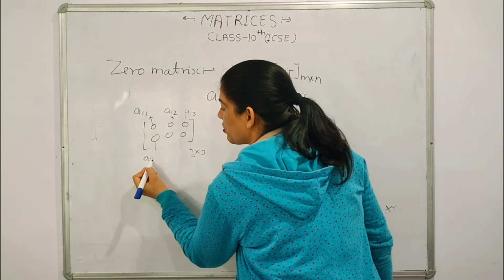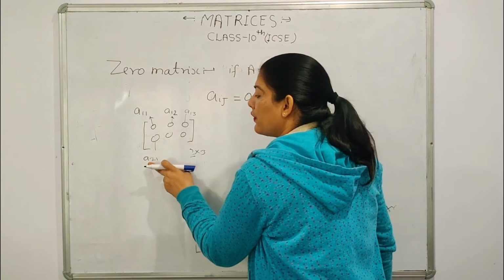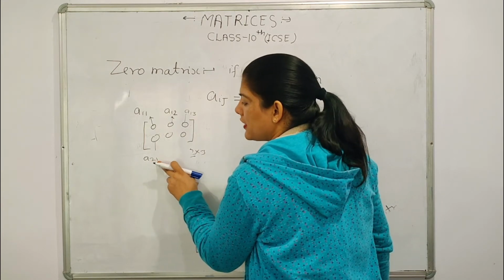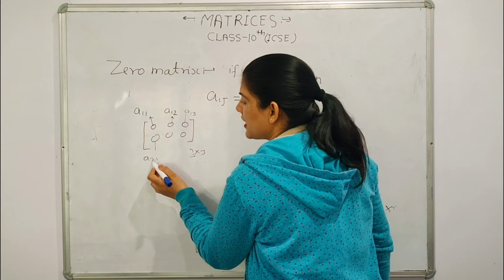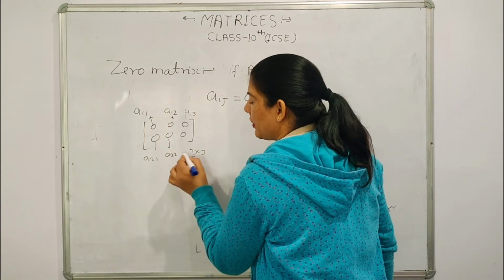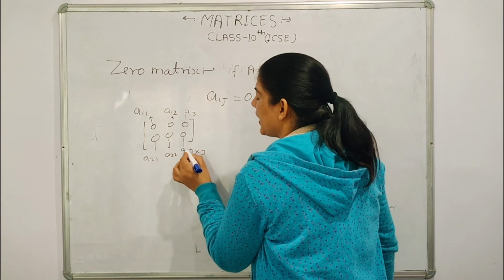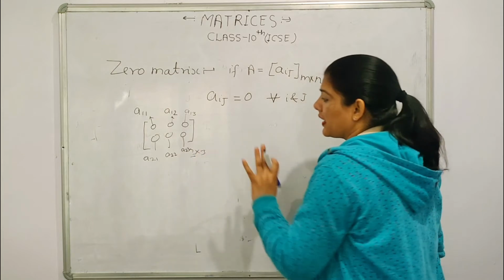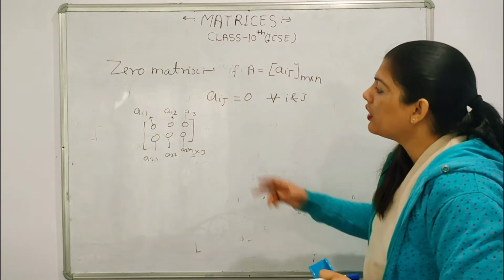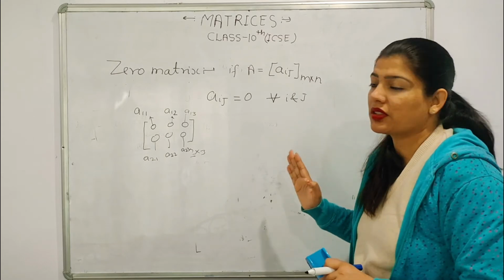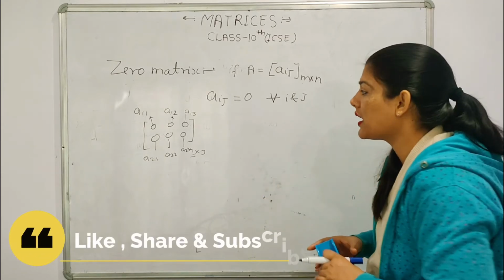You can call it A21 as it is the first element of the second row. This is A22, the second element of the second row, and this is A23, the third element of the second row. So here all Aij is equal to 0, then the matrix is known as a zero matrix.